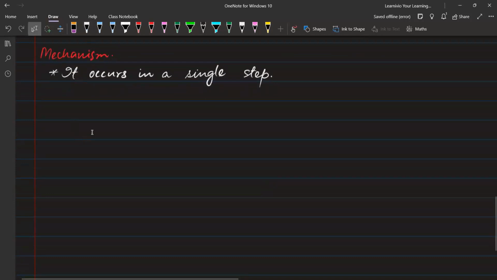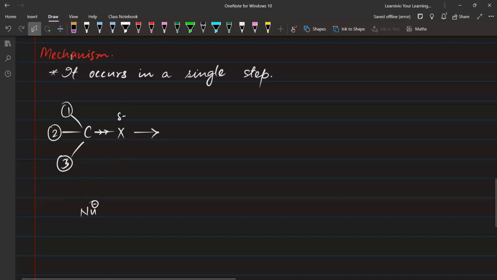So here we have carbon, और वही 1 2 3, यहाँ पे halogen. ठीक है. Now in this step what happens? The nucleophile. अच्छा ध्यान से देखिए जरा. This halogen atom is more electronegative. That is why it will be having what? Delta negative charge. This nucleophile is also having a delta negative charge.